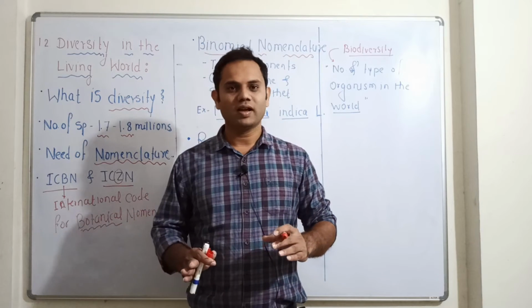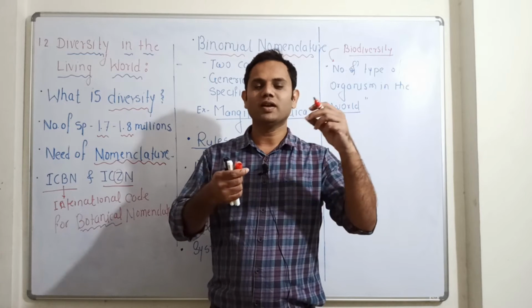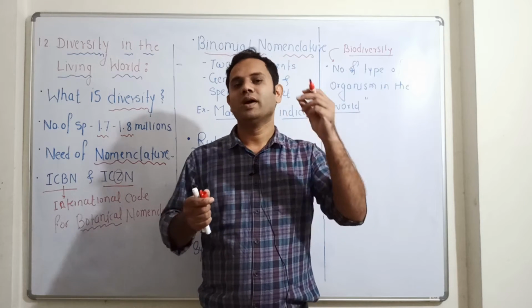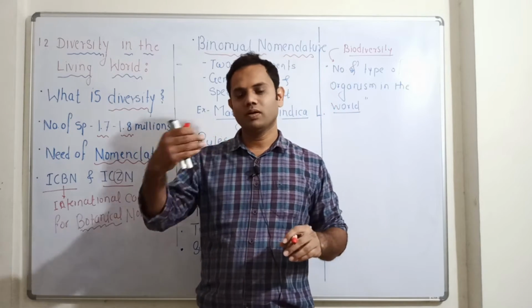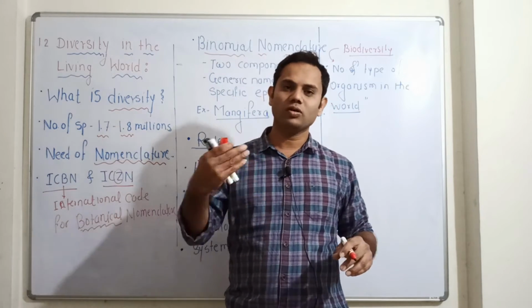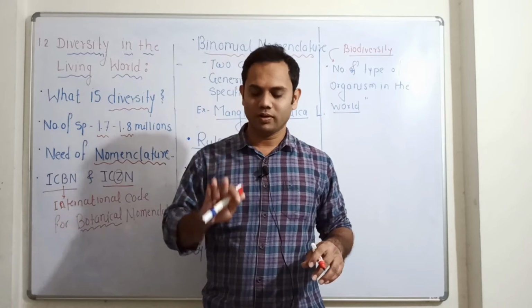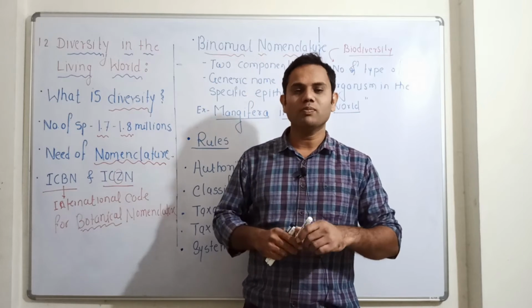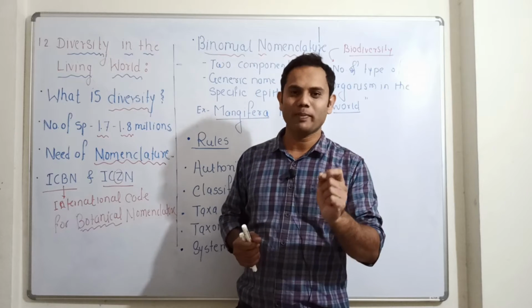It is a kind of book in which certain rules and regulations are given, and applying those rules, scientists all over the world give names to particular plants or animals.